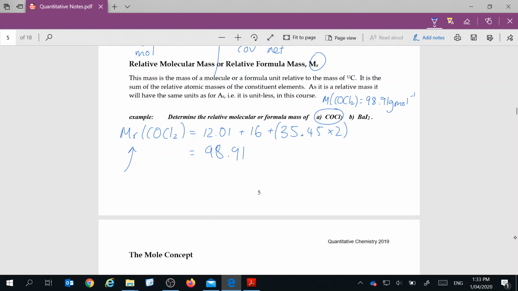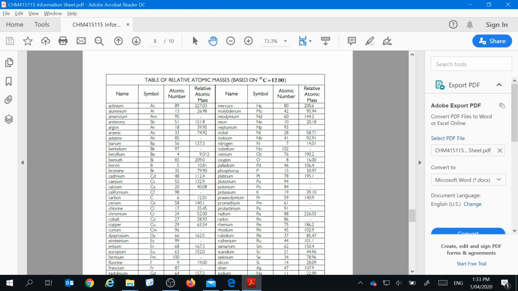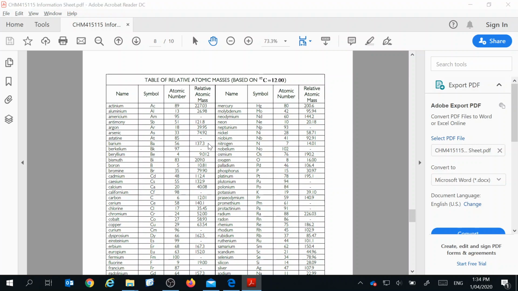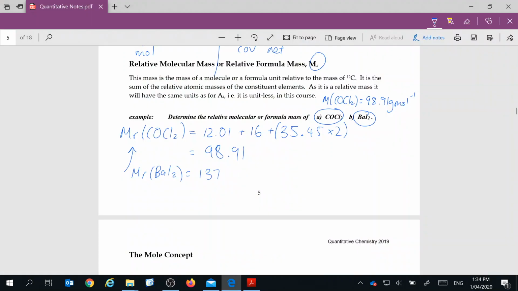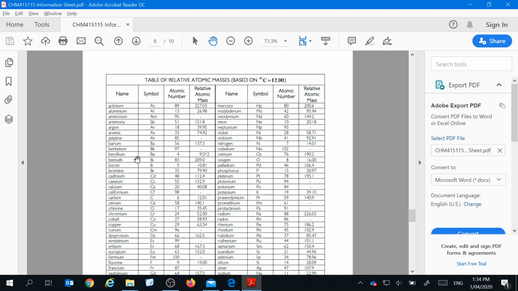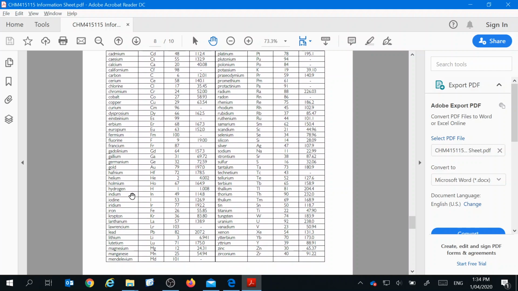Okay. Now, the relative formula mass of barium iodide, which is a formula mass because it's ionic. So Mr of BaI2. I need to go to my formula sheet because I don't know those ones off the top of my head. So barium is 137.3 plus 2 lots of iodine, which is, where is I in the alphabet?